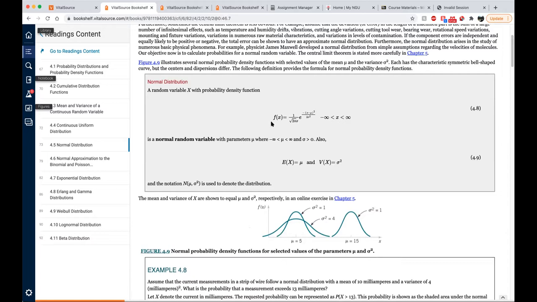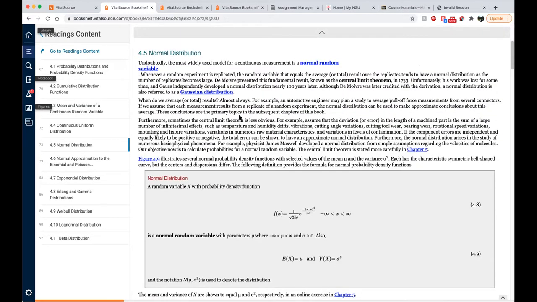So the PDF is defined like this: 1 over square root of 2 pi sigma times e to the negative (x minus mu) squared over 2 sigma squared. This comes from the Gaussian distribution, but that is beyond the scope of this subject, so let me skip going over the Gaussian distribution.